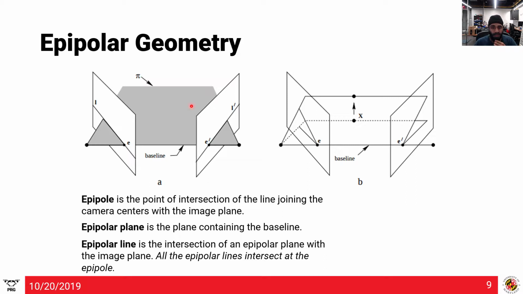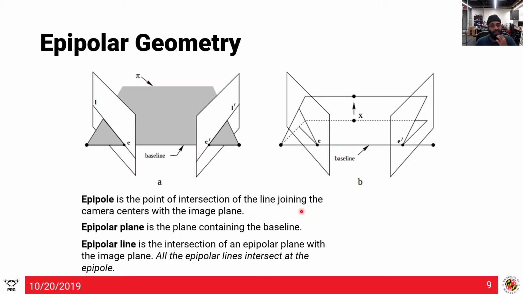One more important thing is that the line L dash is the image in the second view of the ray back-projected from X. This line L dash is called the epipolar line. The line which originates from your E and intersects this epipolar plane is called the epipolar line. This is corresponding to the first frame and this is corresponding to the second frame. And this E dash is basically the baseline of the stereo system.